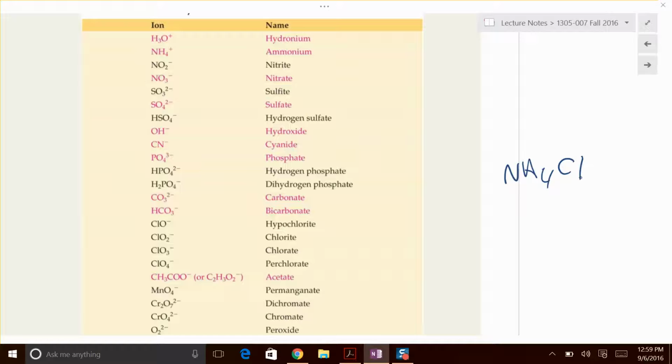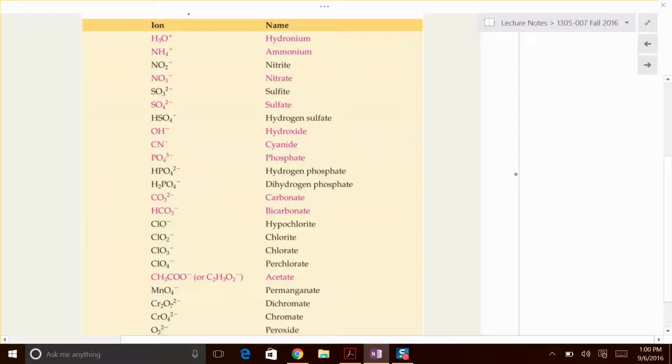That might be an answer choice, but don't choose that one because this is not covalent. It's ionic. So I don't name it that way. I don't tell you how many hydrogens there are or how many chlorines there are. I simply say the names of everything. Ammonium chloride.